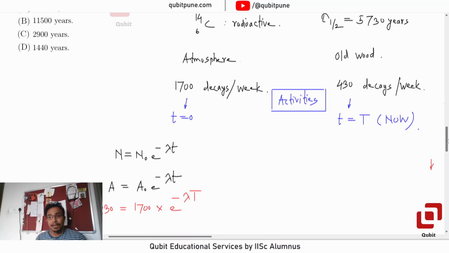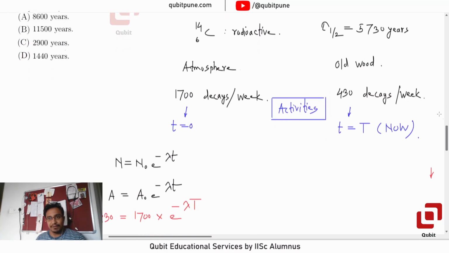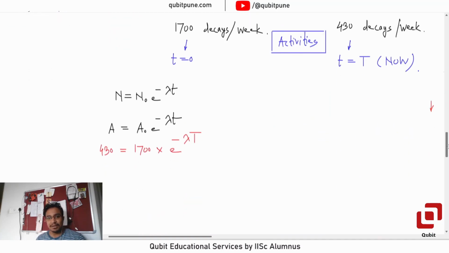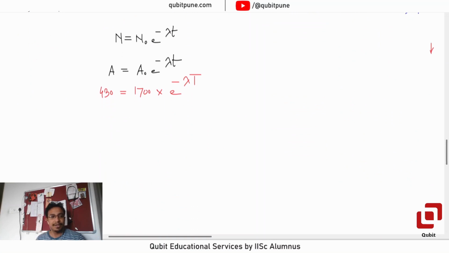Now half-life is 5730 years. How are half-life and lambda related? Half-life is ln2 upon lambda. So lambda must be ln2 upon half-life.